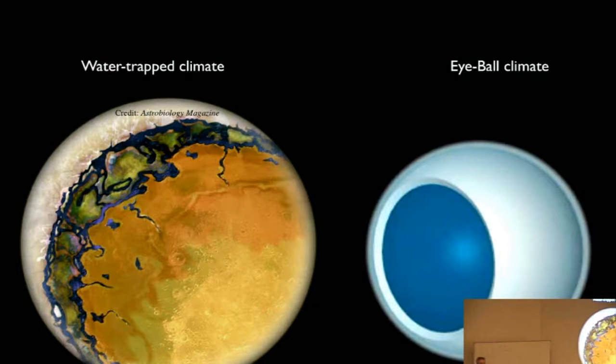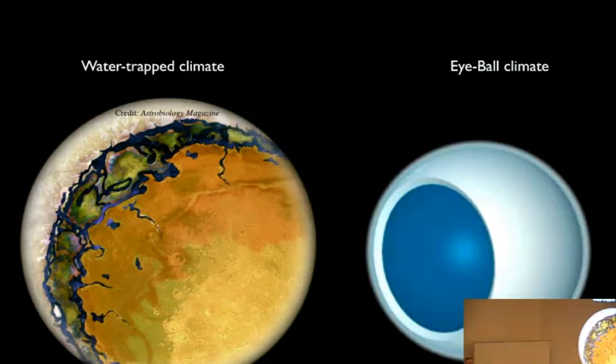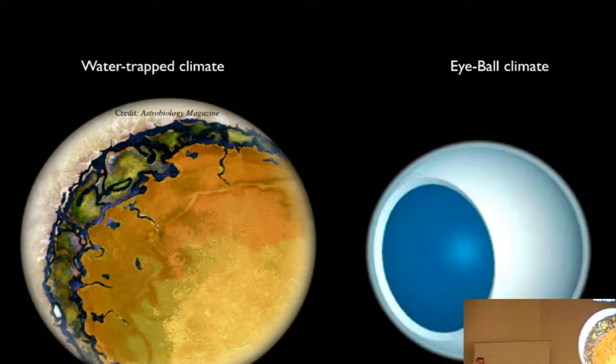Then you have a tendency to condense your water as snow on the night side, and what Joshi realized, mentioned in his paper in 2003, sorry, it was the second paper, was a rate of snowfall on the night side that is not that huge, but over millions of years, the consequence would be that kilometers of ocean would evaporate and pile up on the night side.